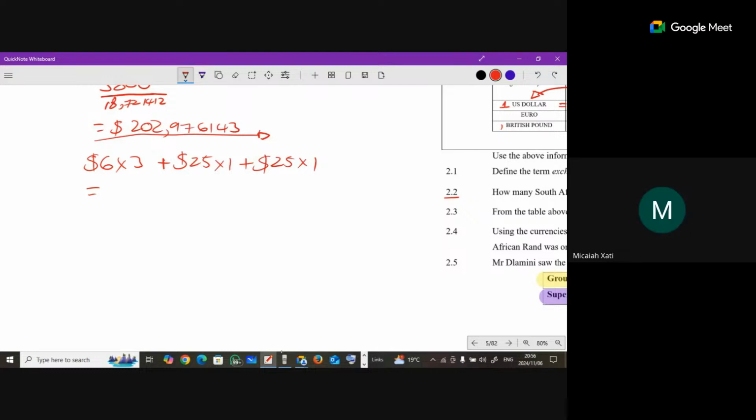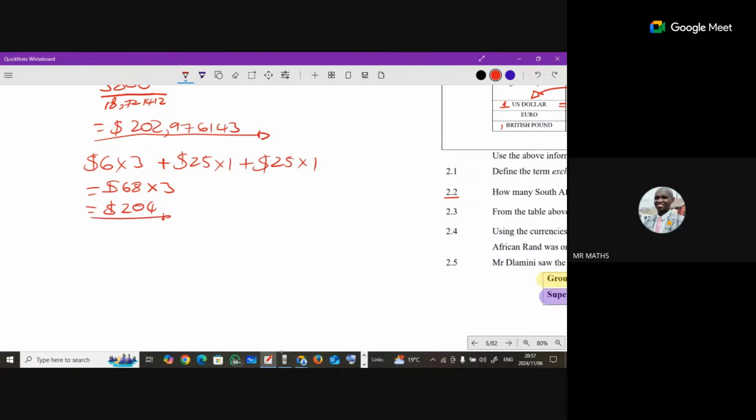Then what are we getting? 68. So we are getting $68. Then we take that $68 because there are three people, and 68 multiplied by 3 gives 204. So now it's $204.